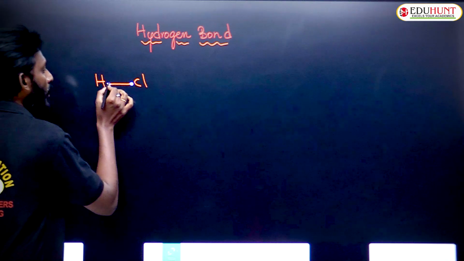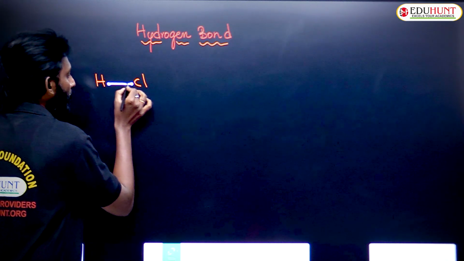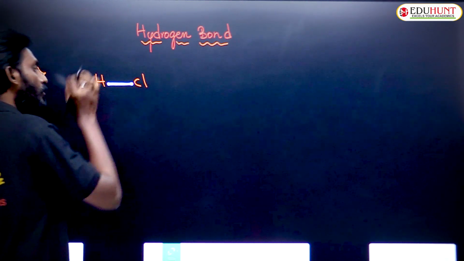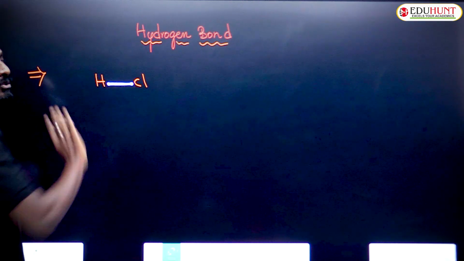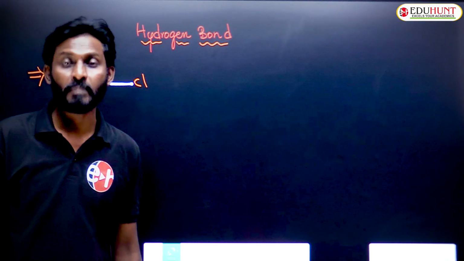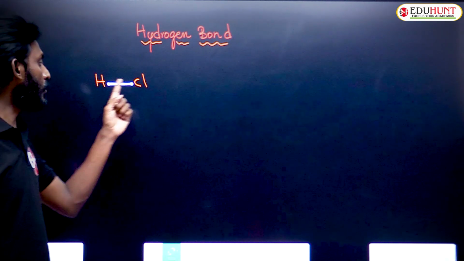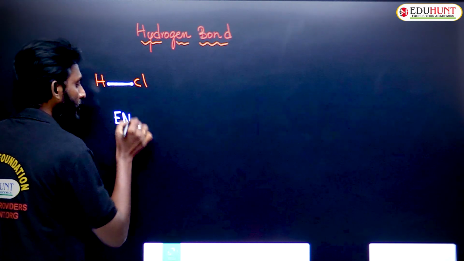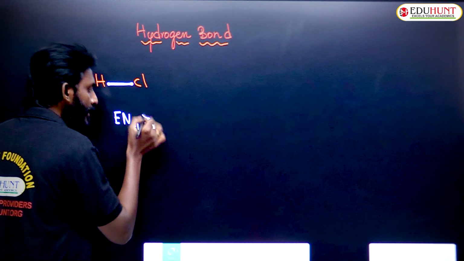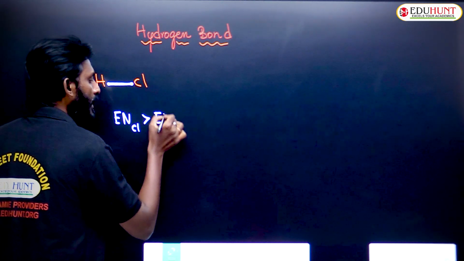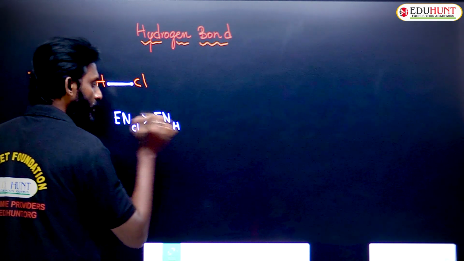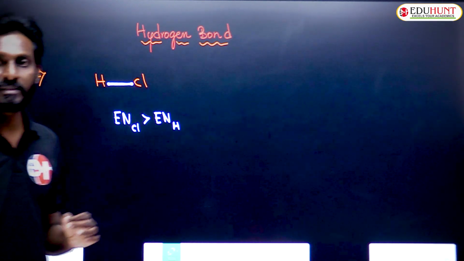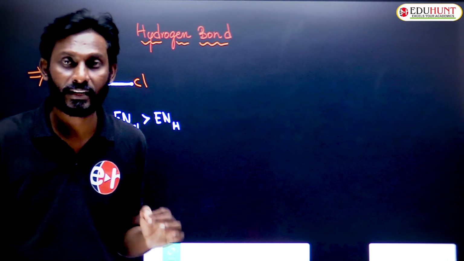Now this electron pair is supposed to be equally shared by the two atoms, right? But the electronegativity of chlorine is greater than the electronegativity of hydrogen. Sir, what is electronegativity?